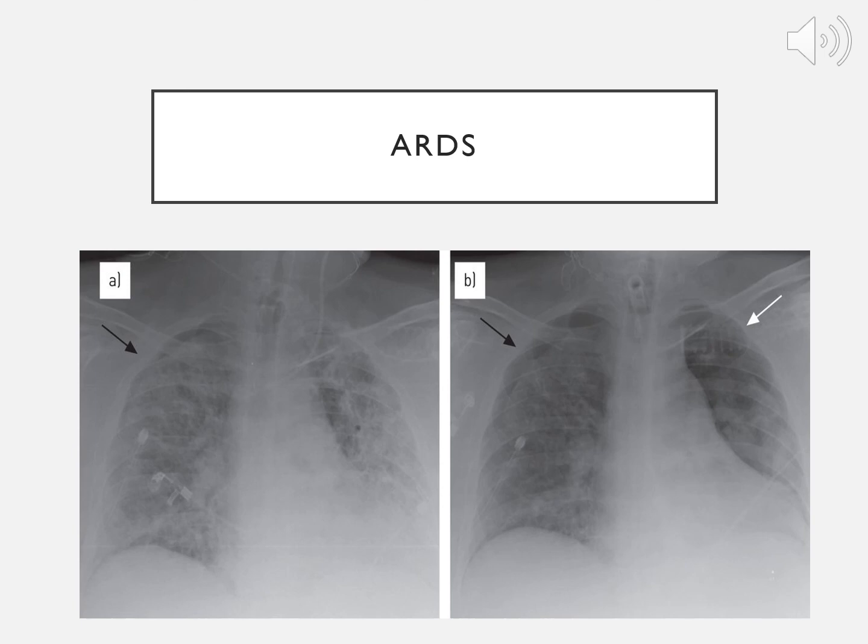ARDS, there are many causes. They're all fairly rare, except the most common is probably sepsis. But there's so many. Inhaling chemicals, different types of lung injuries. So when you see ARDS, know that you have something there, and then know that you really need to differentiate it from congestive heart failure.